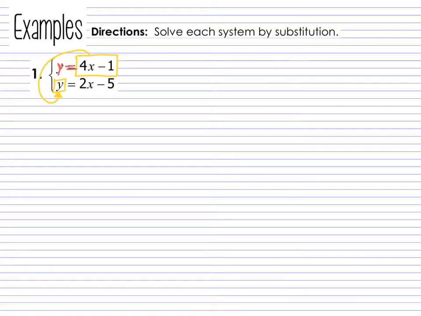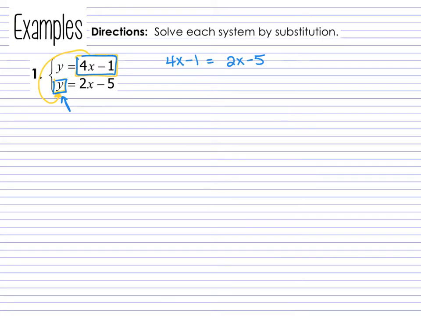Whatever y is, I can substitute it into that other equation. So if I take this 4x minus 1 and I put it in here, what I'm now going to have is 4x minus 1, that's what y was, equals 2x minus 5. I took 4x minus 1 and I put it in for y because I knew that's what y was equal to.